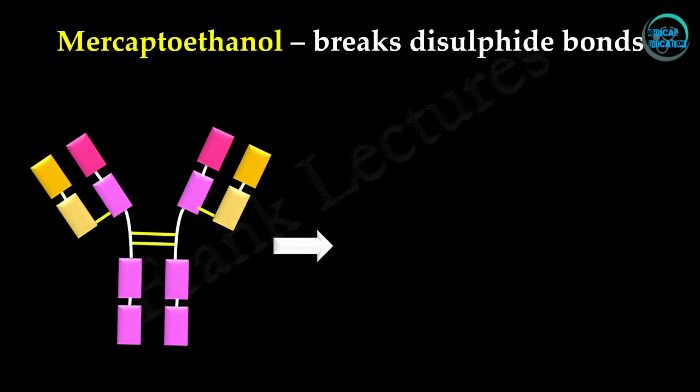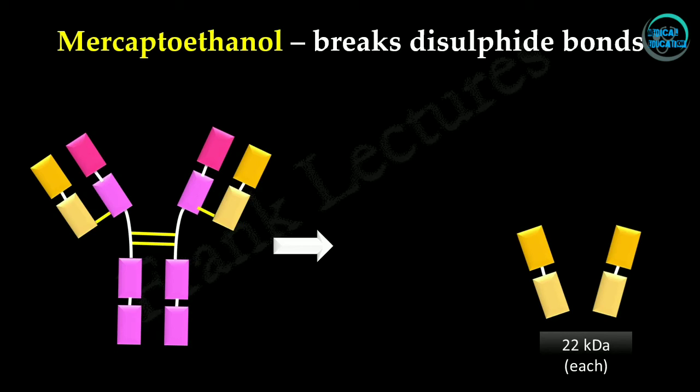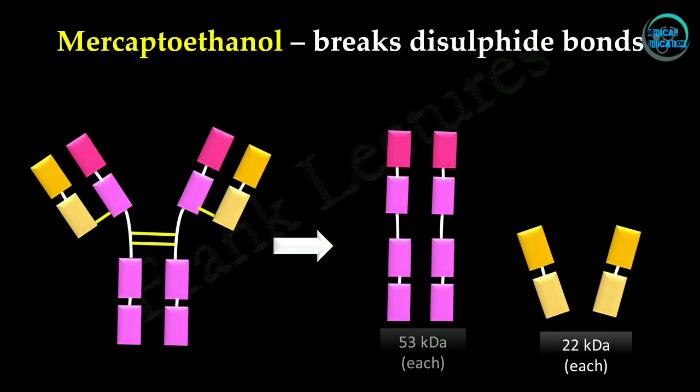As a result, all disulfide bonds are broken, leading to the splitting of immunoglobulin into two identical chains with a molecular weight of about 22 kilodaltons each, and other two identical chains with molecular weight of about 53 kilodaltons each. The larger molecules were designated as H or heavy chains, and the smaller ones L or light chains.